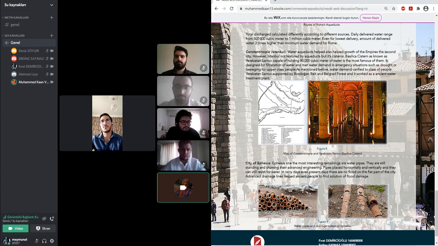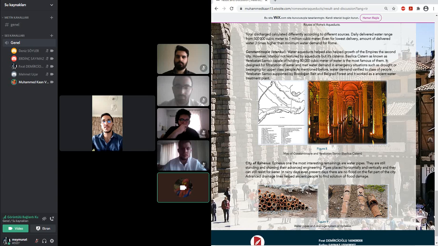As mentioned before, water demand varied by the class of people. Yerebatan Sarnıcı was supported by the Bosna and Belgrade Forest, and it worked as an ancient water treatment plant. You can see a map of Constantinople and Yerebatan Sarnıcı.